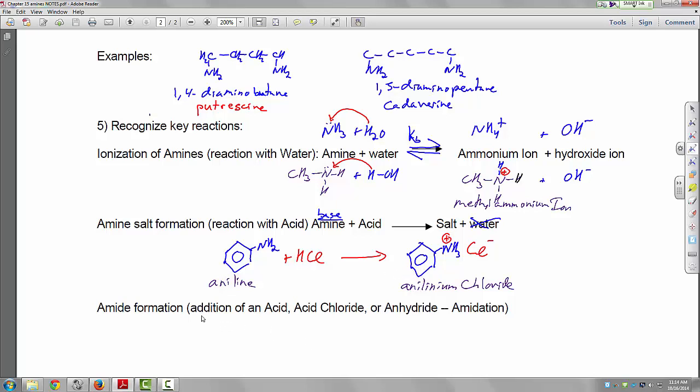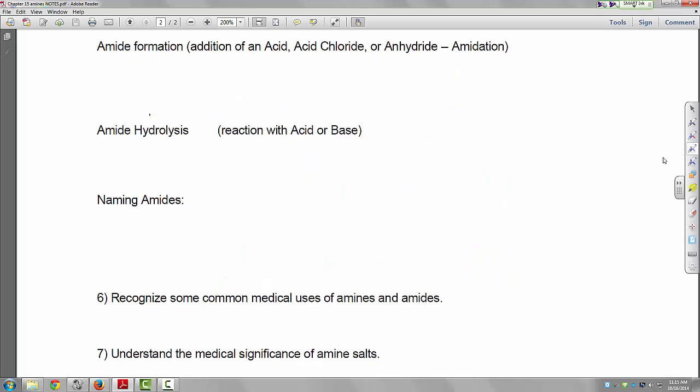Right. Amide formation, or amide, I don't care which way you say it. Here we're going to add an acid. Functionally it's an acid, but what we're going to show is an acid chloride or an acid anhydride added to an amine to form an amide. So we have the amine, and to keep things simple in this case, we'll use methylamine.